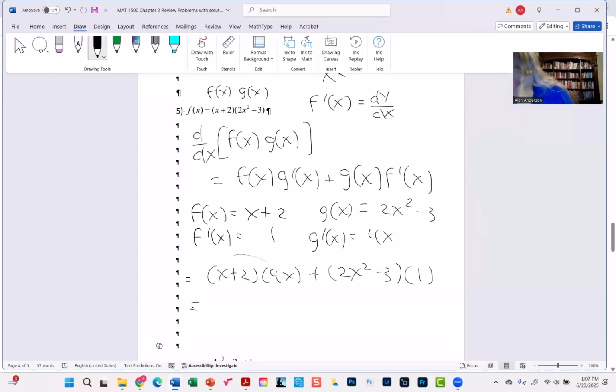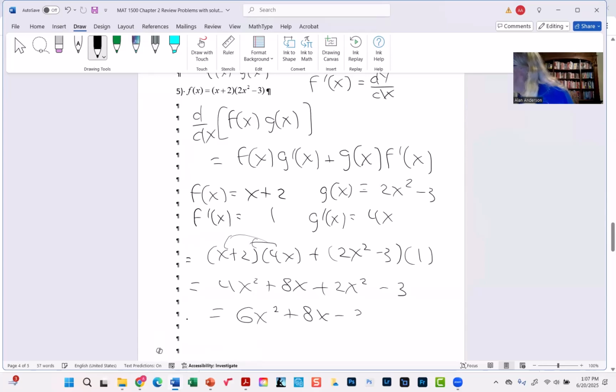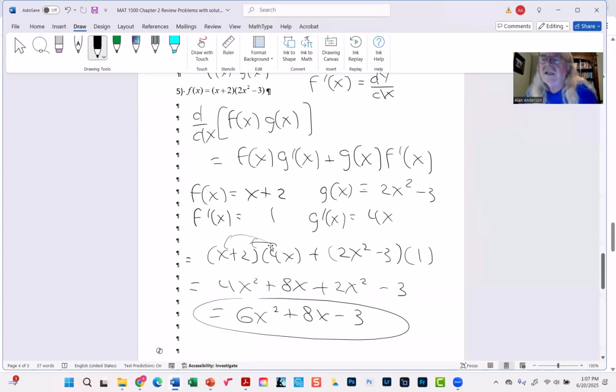So here we have to multiply 4x by both of these terms. 4x squared plus 8x plus 2x squared minus 3. So we can consolidate 2 of the terms. And that's our final result. All right, it's not going to get any simpler than that. So it's a second degree polynomial.